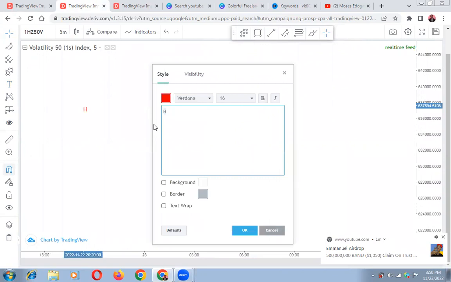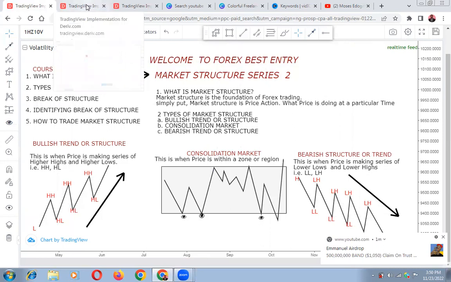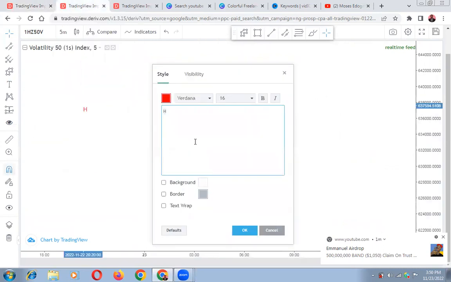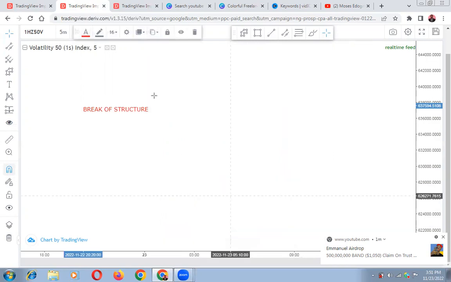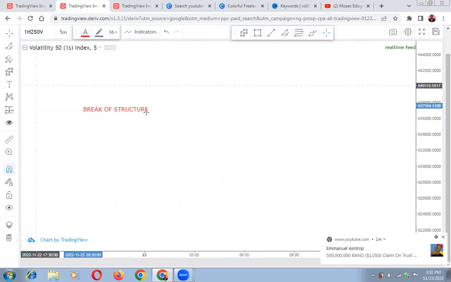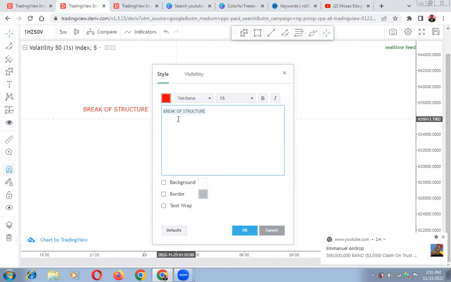This is content number 3. Break of structure is simply a change in the direction of price.